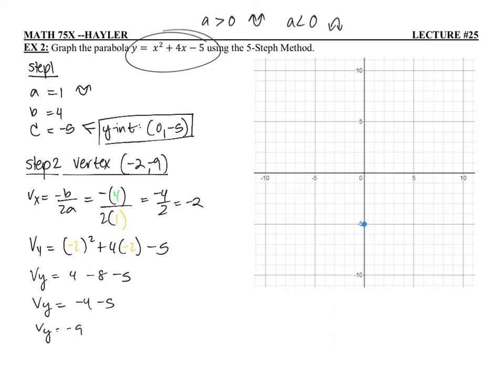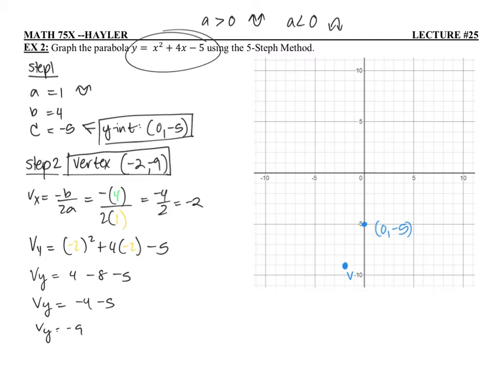Alright, so I have my vertex value. Remember, it's a point, so please write your answer out as a point, just like you would with your intercepts. And let's see, our vertex is negative 2, negative 9. So negative 2, negative 9. Right there. And I go ahead and label that with a V, and I'll go ahead and label this with 0, negative 5.